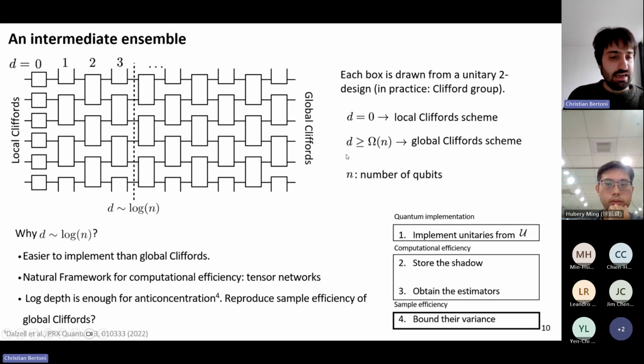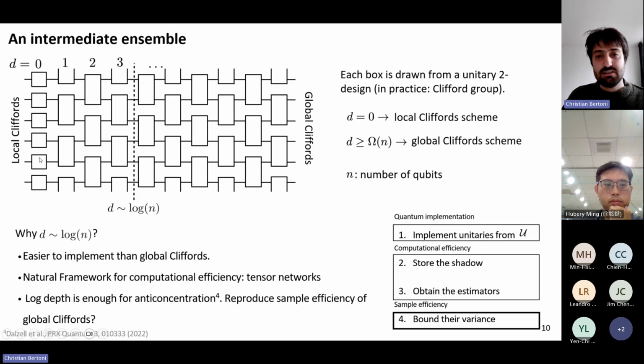It's been proven, and this is a famous result of Brandao, Harrow, and Horodecki, that if you take this kind of random circuit with completely random gates at each point, and you keep going to some depth which scales linearly in the system size, and you look at output distributions, you will not be able to distinguish this from the completely global Clifford, where you just apply a big Clifford that acts on the whole thing.